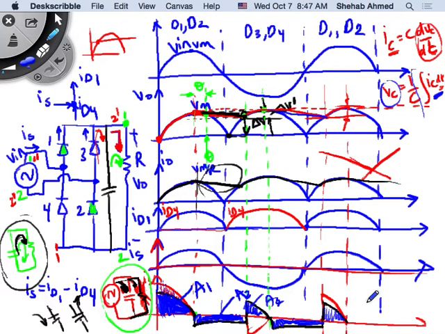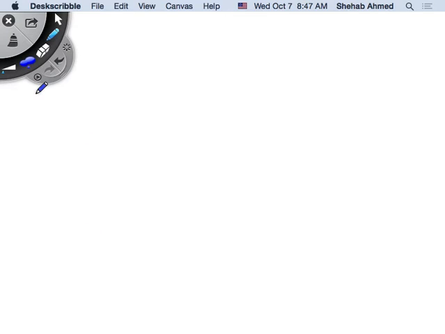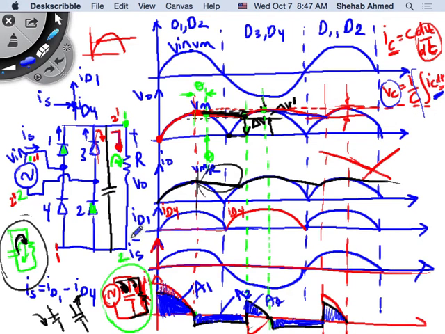Which means I can do something very nice now. Okay, so let's say I give you a current waveform through a capacitor. Let me remove this. So first, everybody okay with what's happening here? We understand what the capacitor did, the capacitor current, supply current, output current, output voltage, all that stuff?